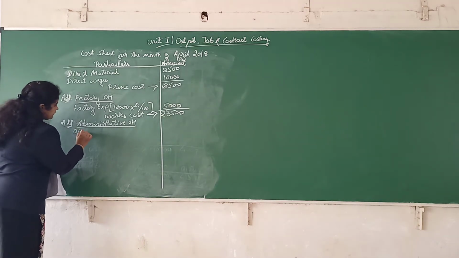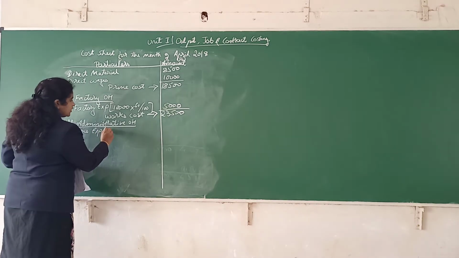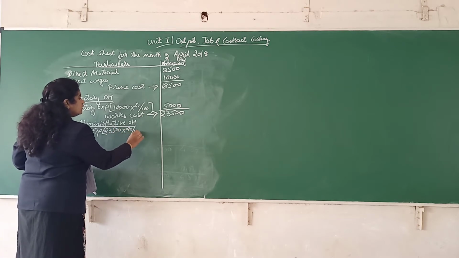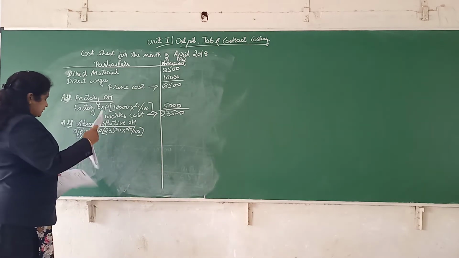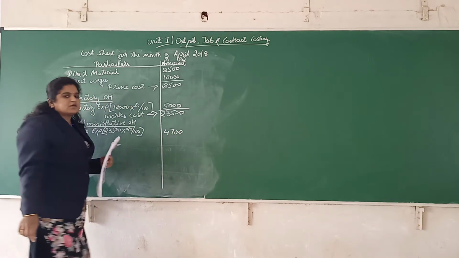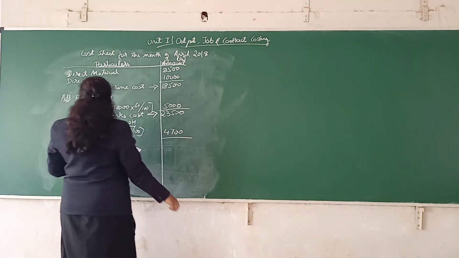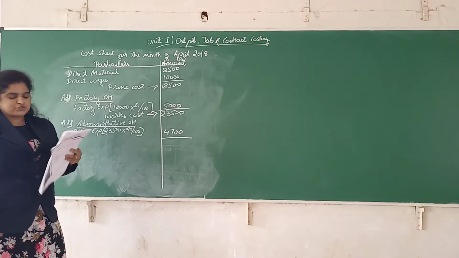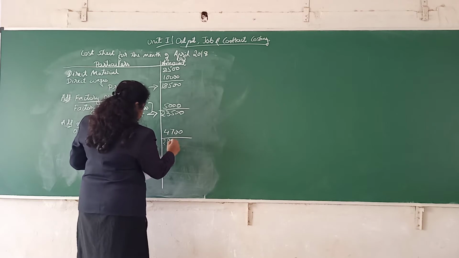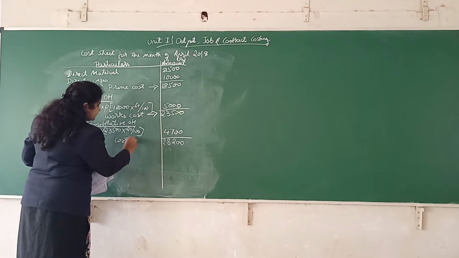Office expenses 20% on works cost, that is 23,500 into 20%, 4,700. In this problem they have not given selling and distribution overheads. Make total, that is 28,200, and this will be called as cost of sales.